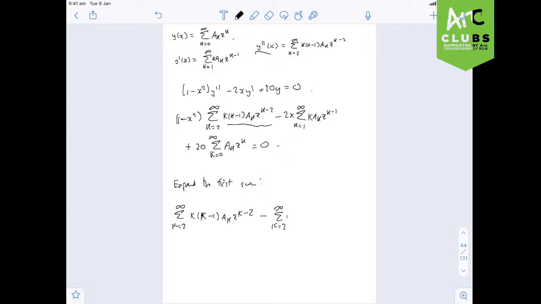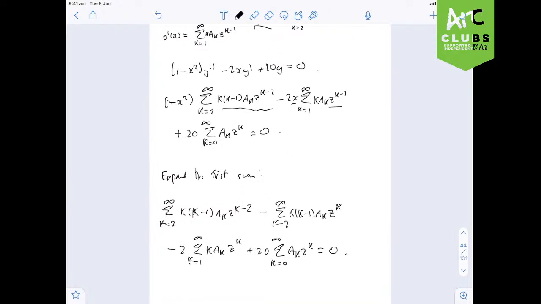So we get k(k minus 1) a_k z^k, minus 2 times, I'll put the x in the term again, the sum from k equals 1 to infinity of k a_k z^k, plus 20 times the sum from k equals 0 of a_k z^k, and that equals 0.